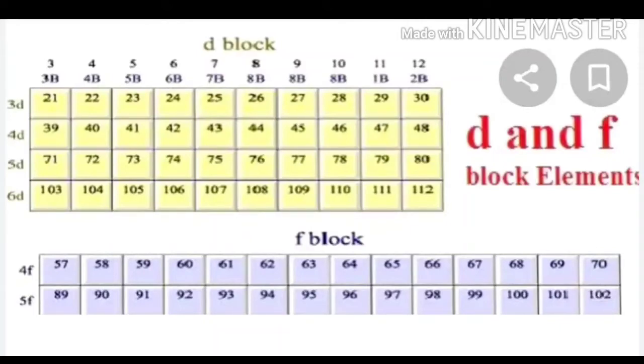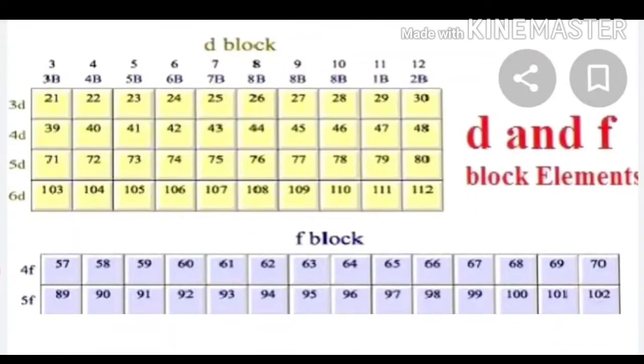Okay. Now second transition series or 4d series. This series starts from yttrium, atomic number 39, and ends at cadmium, atomic number 48. The general electronic configuration of this series is ns1 to 2, (n minus 1) d1 to 10, that is 5s1 to 2, 4d1 to 10.